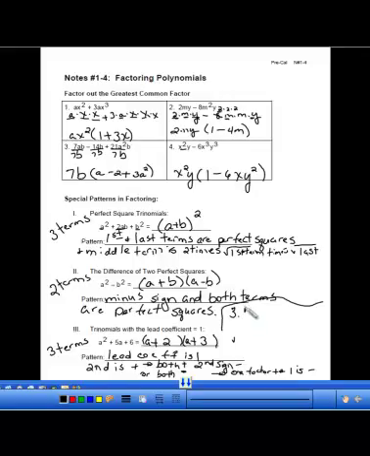Find two numbers that multiply to get the third term.